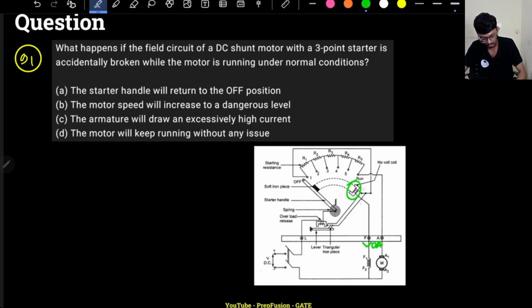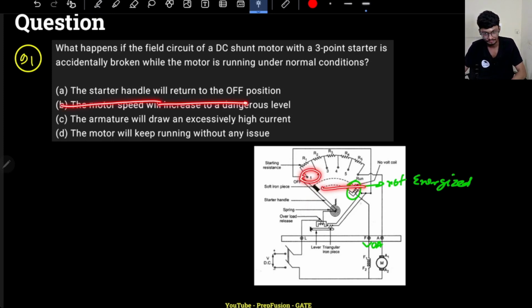So the holding coil will not be energized, right? If it is not energized, it will not hold the handle, so it will leave the handle. So the handle will go back to position 1. So the starter handle will return to, not the off position, it will be returning to the 1 position.